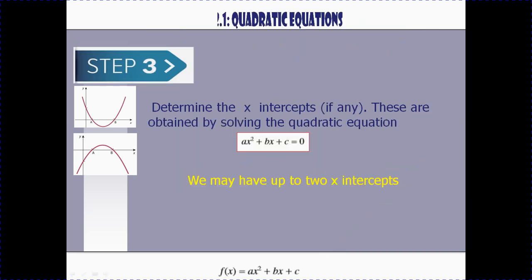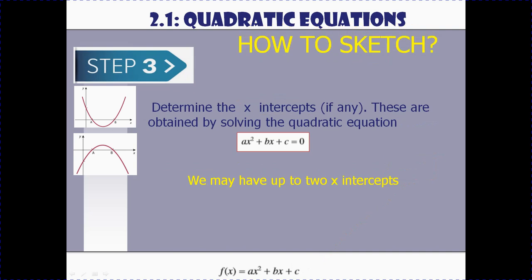Right, step number three. Now, we determined y-intercept, then it's time to determine x-intercept. Now, x-intercept, you can get when you substitute y equals to 0 or f of x equals to 0. This means that you will have the quadratic equation ax squared plus bx plus c equals to 0.